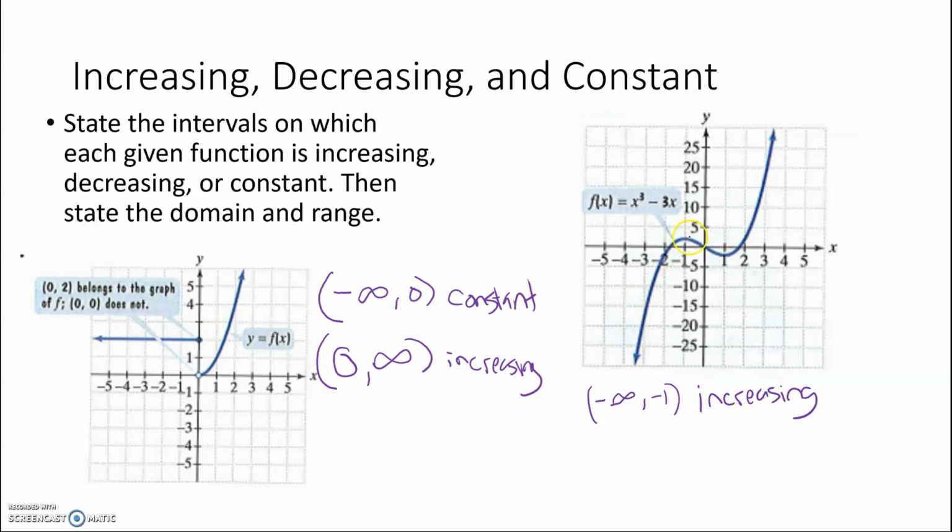Once we get to negative 1, from negative 1 to positive 1, we're decreasing a little bit. And then once we hit 1, we start increasing all the way to infinity. So 1 to infinity, we're increasing again.